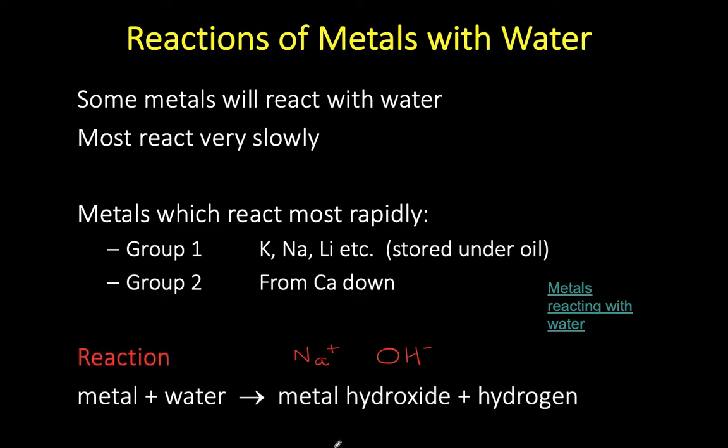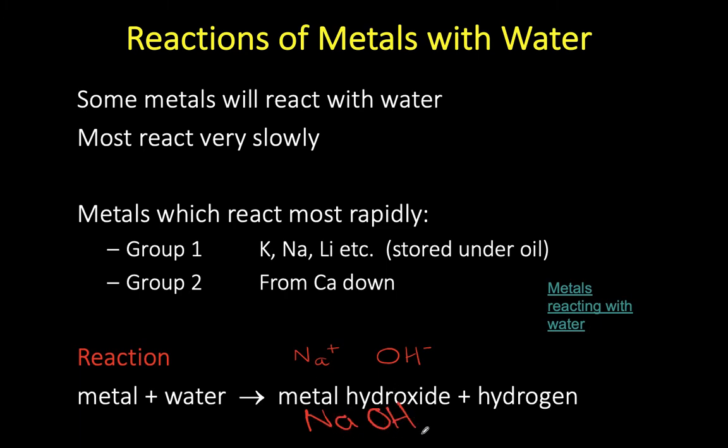Now their reaction: metal plus water gives metal hydroxide plus hydrogen. Now what Mrs. Leonard's done here is she's given the example of sodium hydroxide. Sodium hydroxide can be written as NaOH.